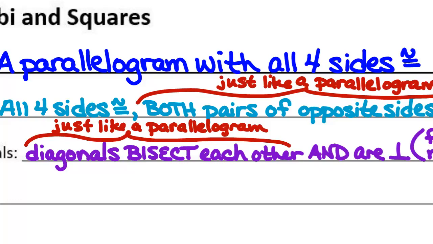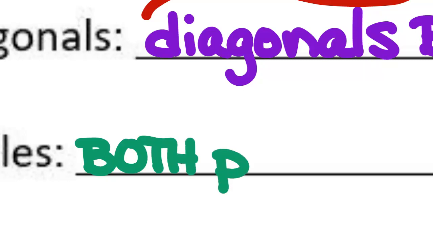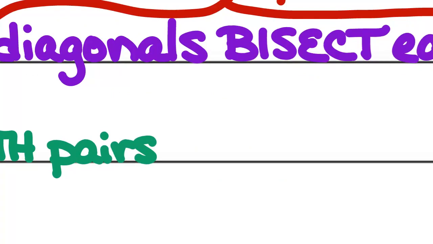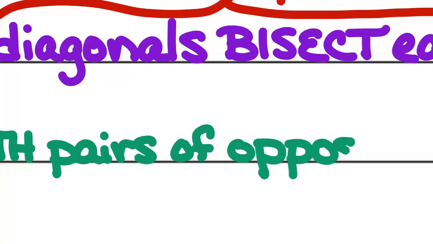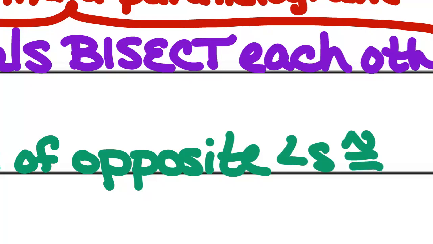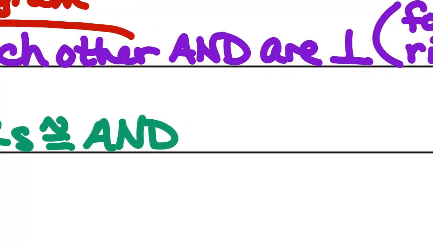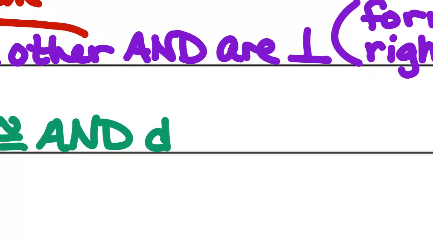Just like a parallelogram, both pairs of opposite angles are congruent. And they're being bisected by the diagonals.